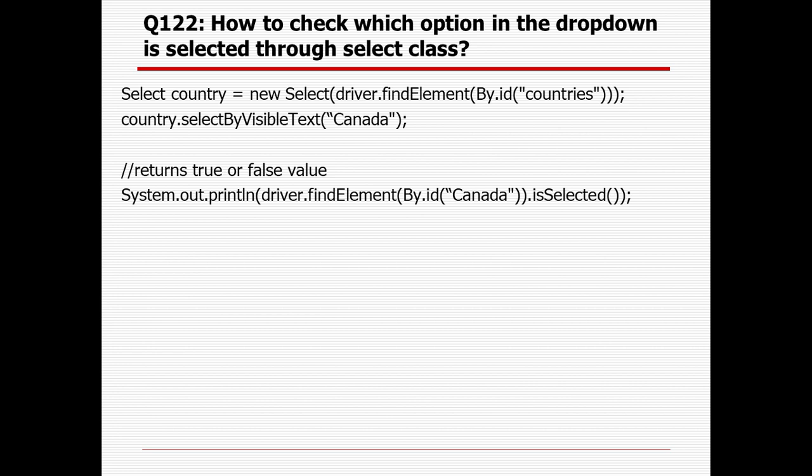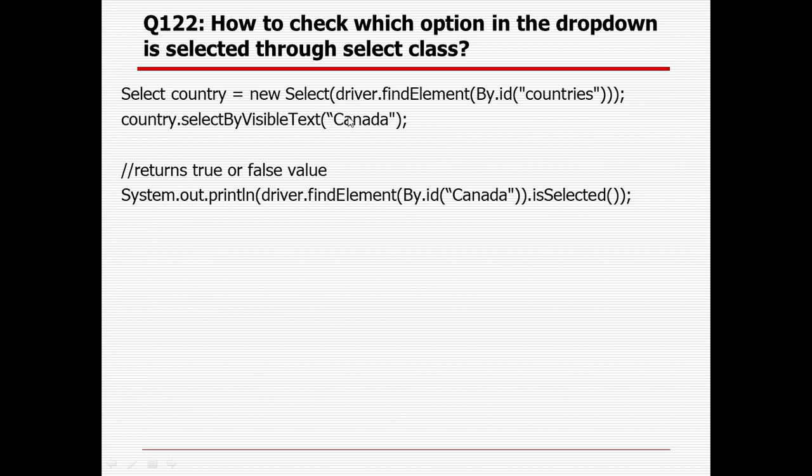How to check which option in the drop-down is selected through the Select class? First you need to use the Select class, then you need to create an object, new Select, and provide the reference of that particular element. Suppose it's a country drop-down, you need to give the reference for the country. Once the object is created, you select a particular country, say Canada. So I can select by visible text Canada.